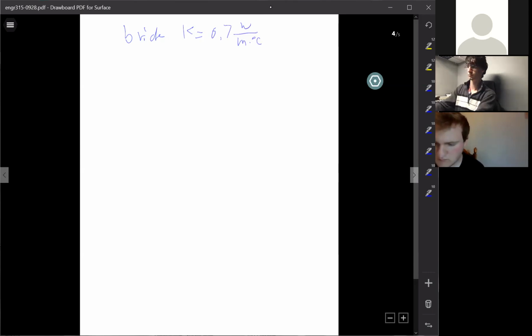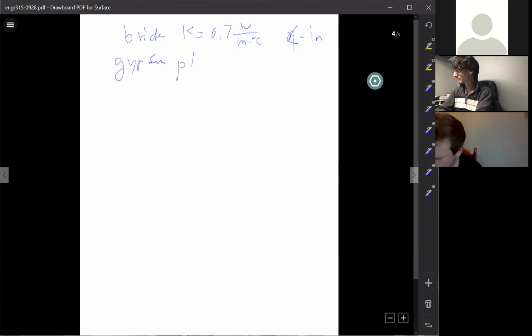And the thickness is 4 inch. Then the gypsum plaster, 1.5 inch, outside. And you also have a K of 0.48 watt per meter C.